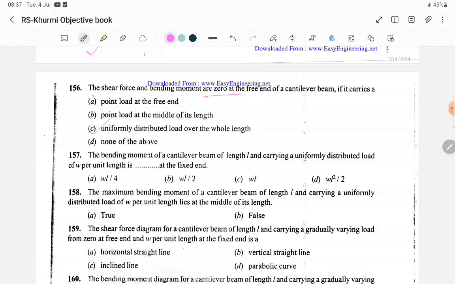The bending moment of a cantilever beam of length L carrying uniformly distributed load W per unit length is dash at the fixed end. So WL will be converted like this: WL into L by 2, so WL square by 2. So this is D, 157 is D. 158.